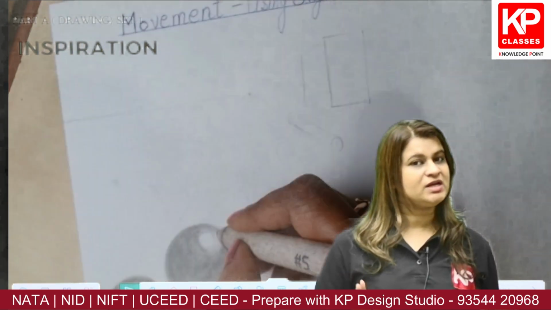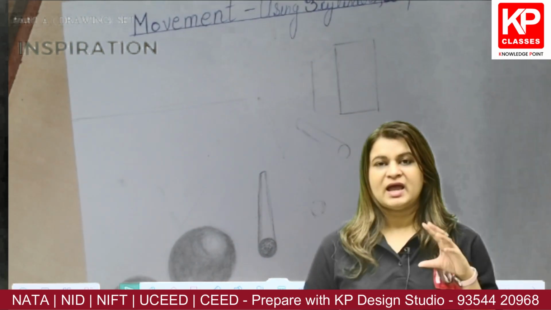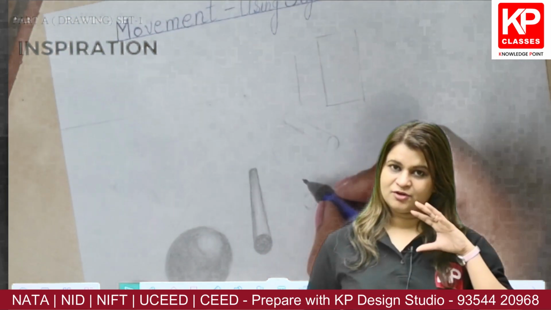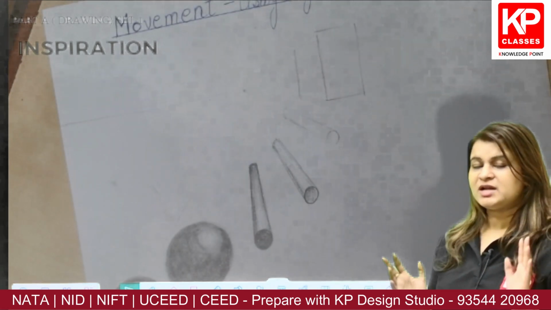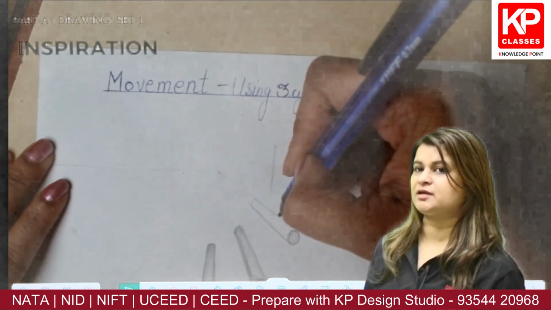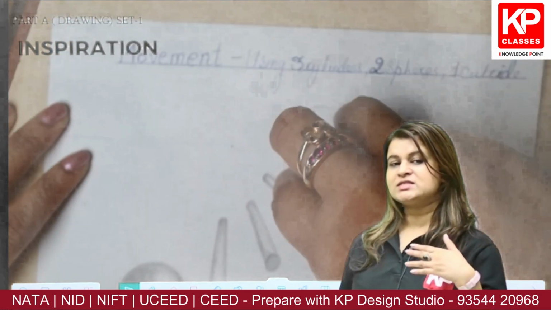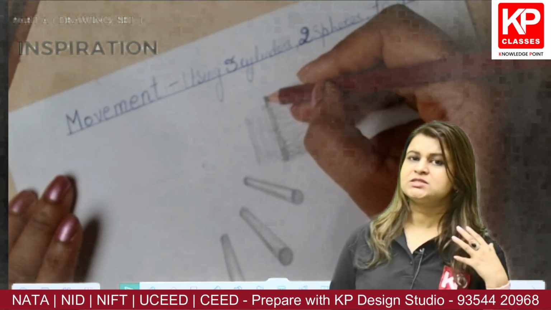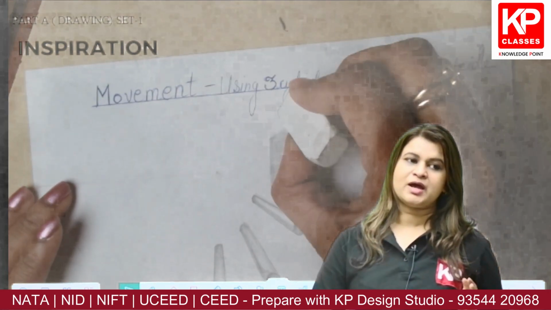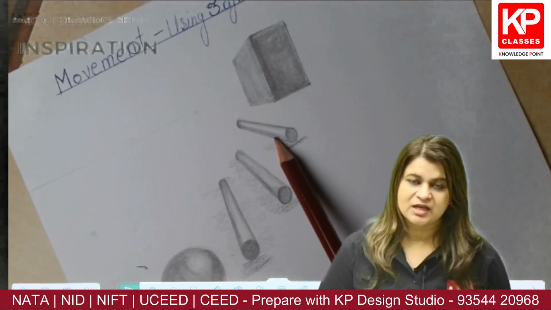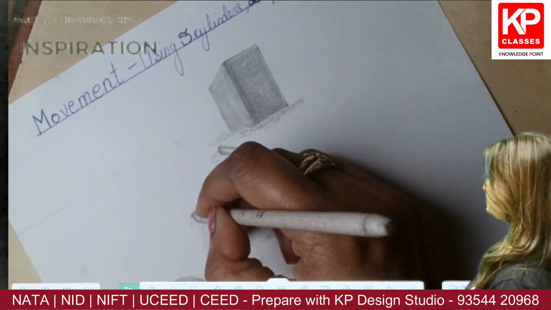It can be a curvy line, it can be a straight line. And while it is moving, there is a sense of perspective also. So in this particular composition, I have included the perspective also, because when we look at something which is going away from us, it seems to be diminishing in size, right? So that's how I have tried to depict movement in this particular composition.